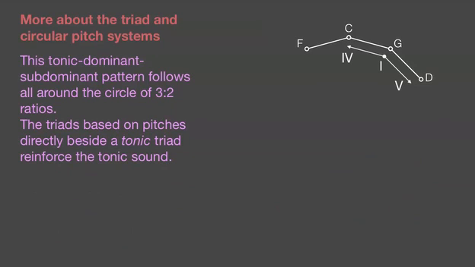This tonic, dominant, subdominant pattern follows all around our circle of 3:2 ratios that we call the circle of fifths. The triads based on pitches directly beside a tonic triad reinforce the tonic sound. So here we can hear it with the tonic now being G. The 4 chord is C, and the 5 chord is D.